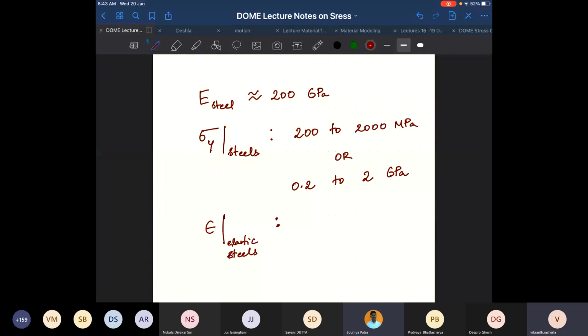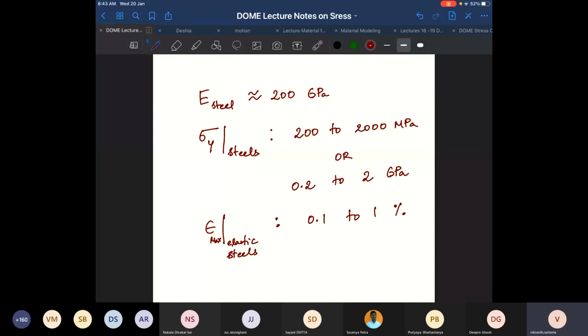So epsilon elastic steels. So this is epsilon max elastic steel. So this varies from 0.1 to 1%. Okay, so this is the maximum strain that material can undergo.